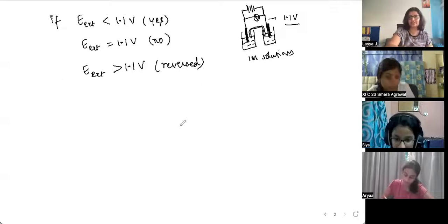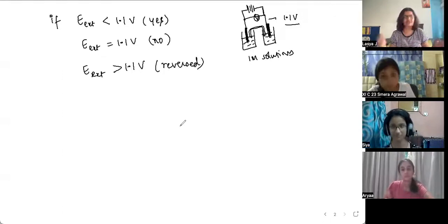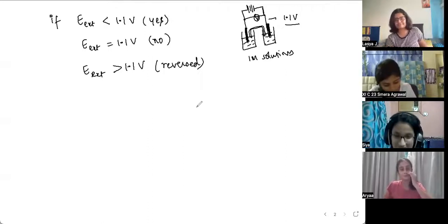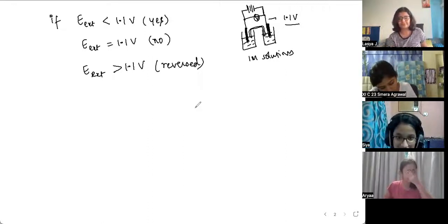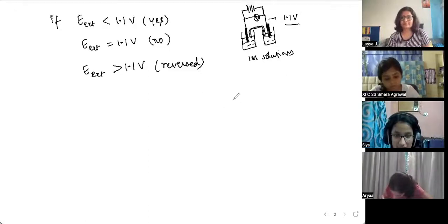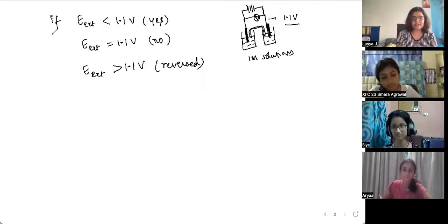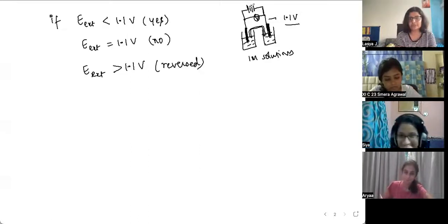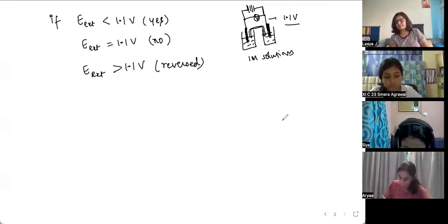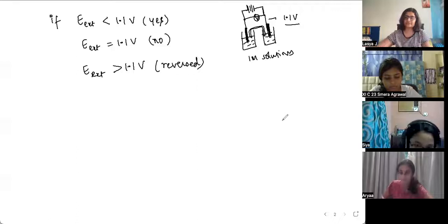Zinc starts getting reduced and copper starts getting oxidized. So this is when an external EMF is applied across the same points. Depending on the value of the EMF, you observe all of these.